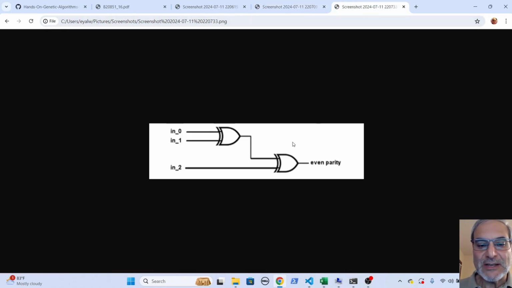tree that tries to solve what we call the even parity, where we have three inputs, and whenever two of them or none of them is 1, then we get 1 at the end. And this can be implemented with logical gates. The simplest way that we can implement it is with two XOR gates, as shown here.